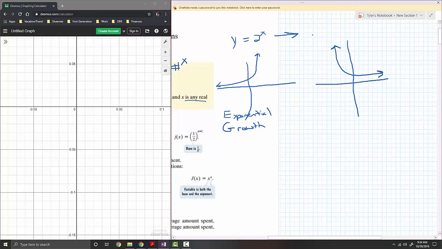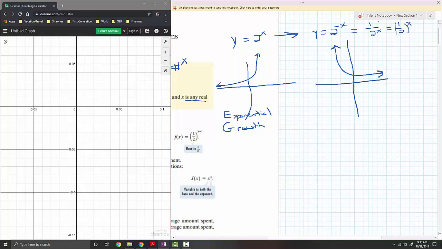You put a negative sign in for the exponent. So this would be the same thing as 1 over 2 to the x, which is actually the same thing as 1 half raised to the x power.